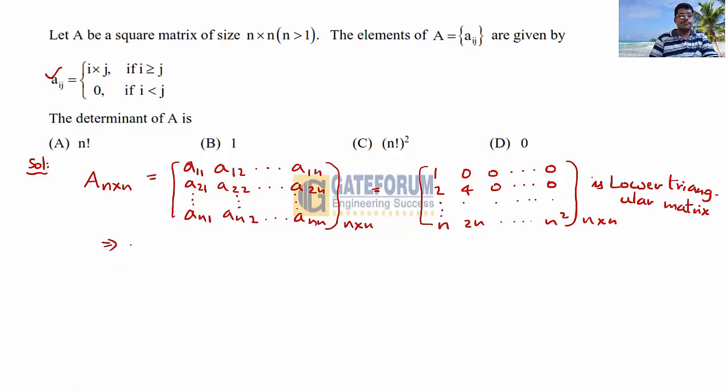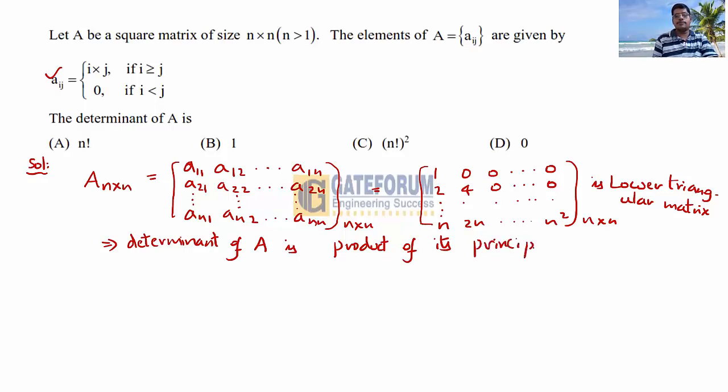So the determinant of matrix A is the product of its main diagonal elements, which is: first diagonal element is 1, second diagonal element is 4, third diagonal element A33 is 3 into 3, which is 9, and the nth diagonal element is n into n, n square.